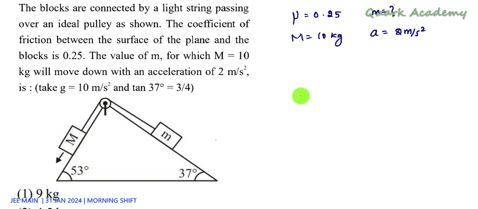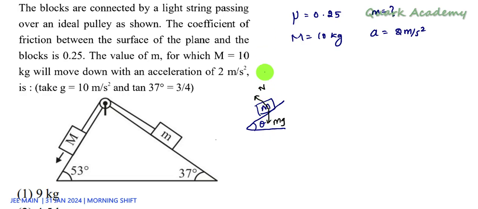It's a kind of known problem. When we have an inclined plane of angle theta and we keep a mass m here, certain forces will act on it. One is the gravitational force, which is directly downward, mg, and the normal force, which is perpendicular to that plane.